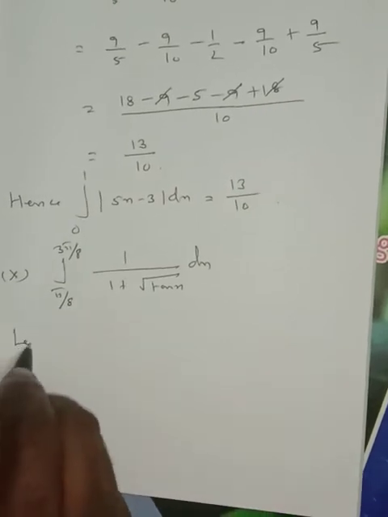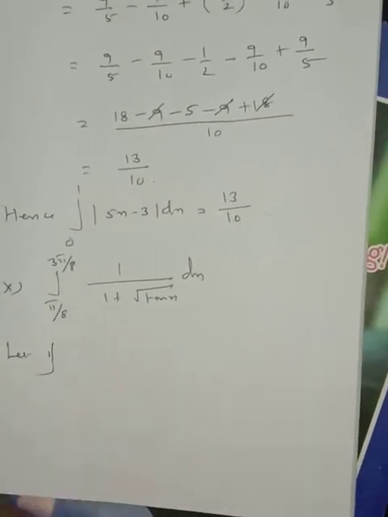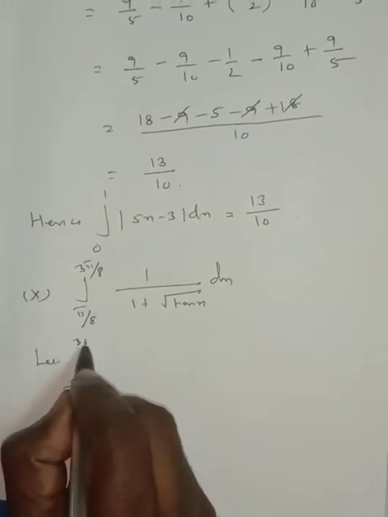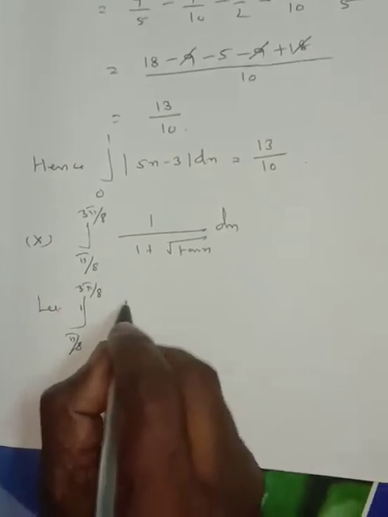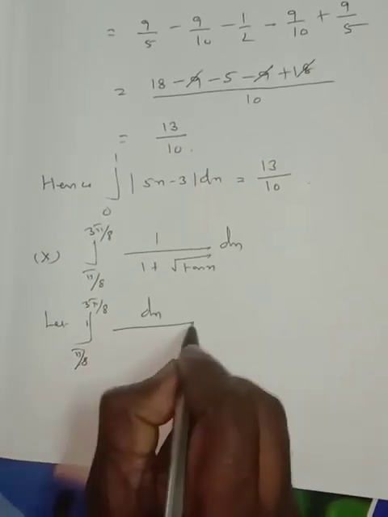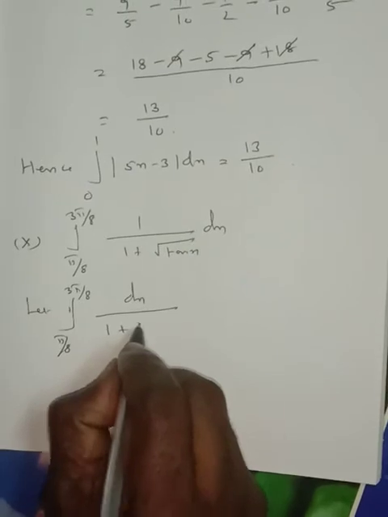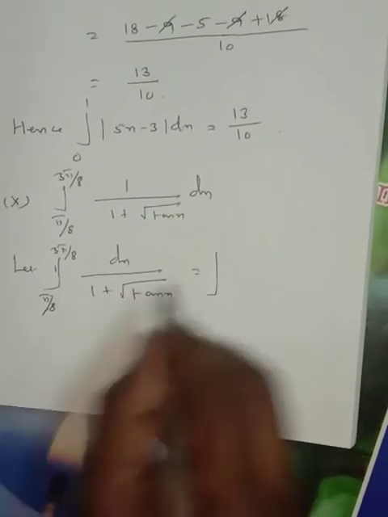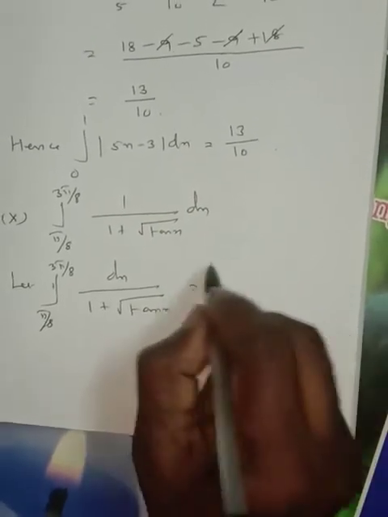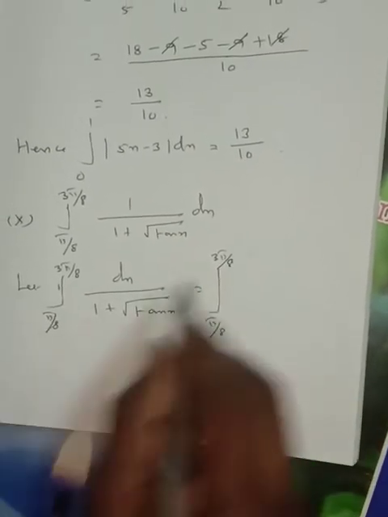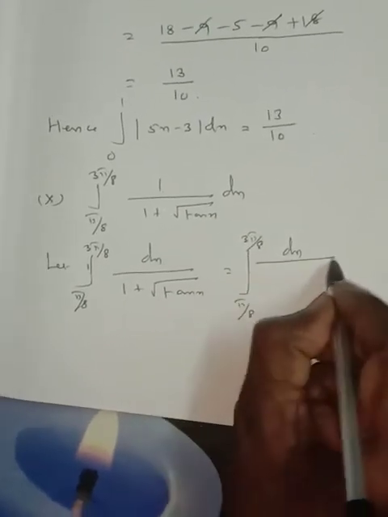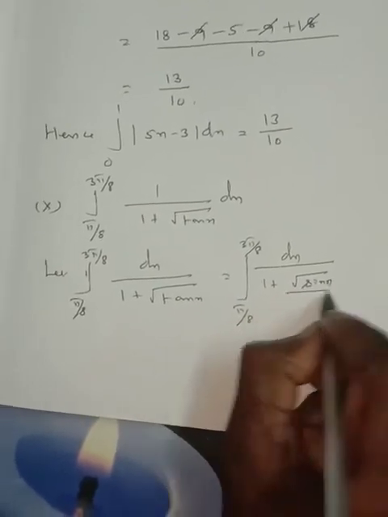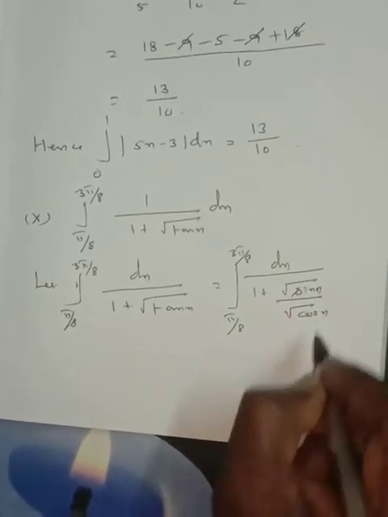Let I be integral pi by 8 to 3 pi by 8 dx divided by 1 plus root of tan x, which is equal to integral pi by 8 to 3 pi by 8 dx divided by 1 plus root of sin x divided by root of cos x.